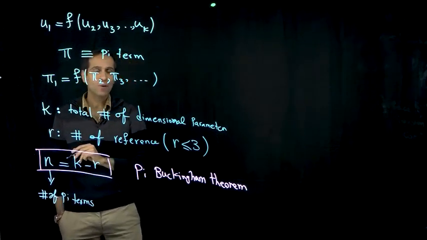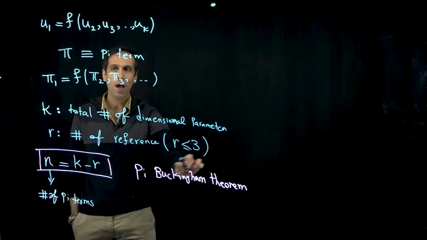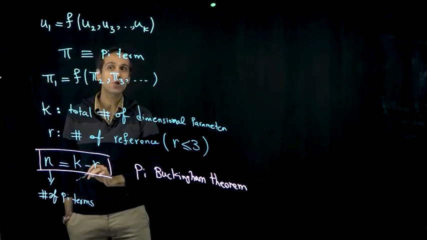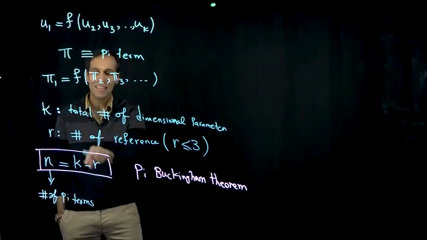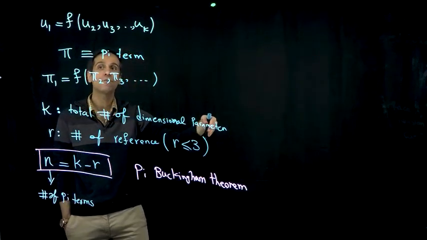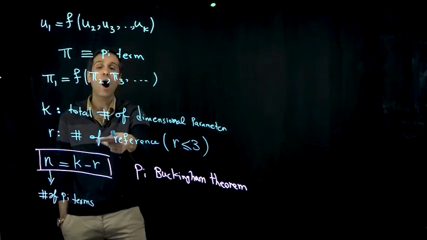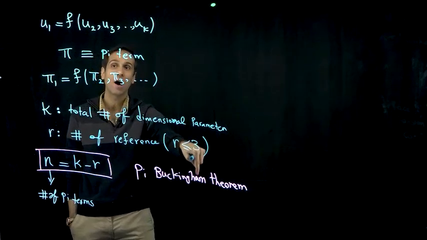You might ask that, okay, this pi Buckingham theorem doesn't show us how I can generate those pi terms. Yes, you are right. This theorem fails to answer the question of how I can generate those pi terms. It's not the responsibility of this theorem.